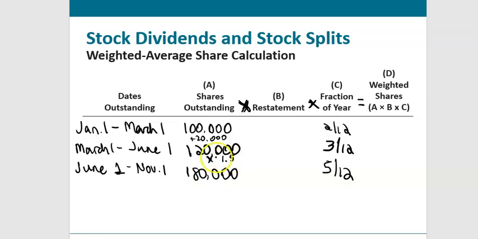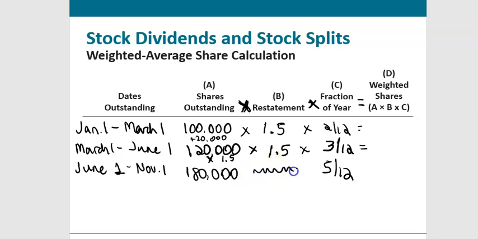Now that we know that we multiplied these shares by 1.5, we're going to do the same thing here. We're going to adjust for this restatement. And we're going to do the same thing to those initial 100,000 shares. We don't need to do it here.